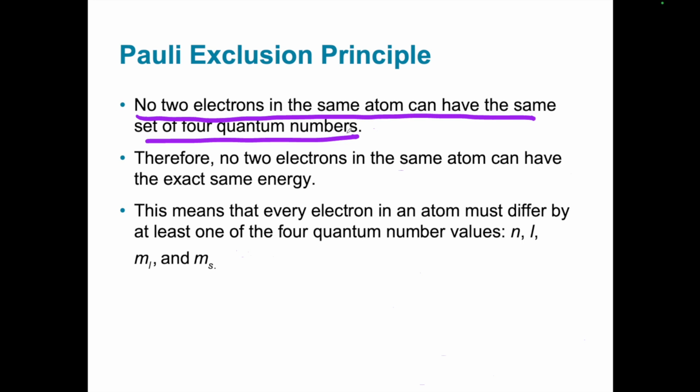What that means is that no electrons can have the same n, l, m sub l, and m sub s. At least one has to be different. If they're in the same orbital, they have to be opposite numbers.